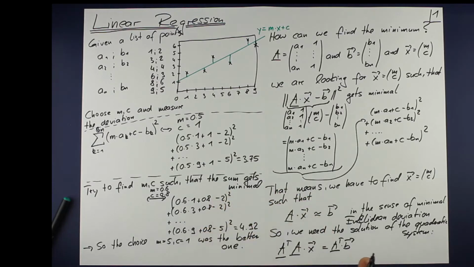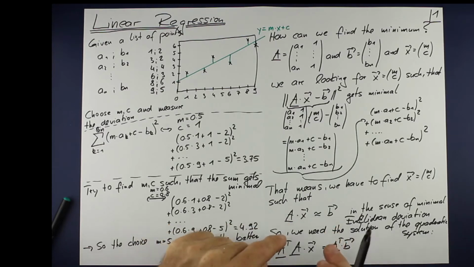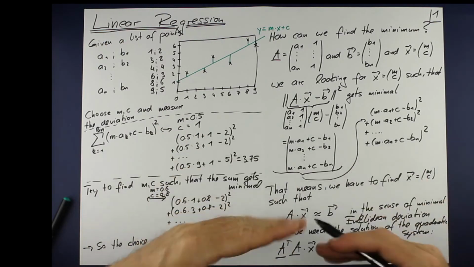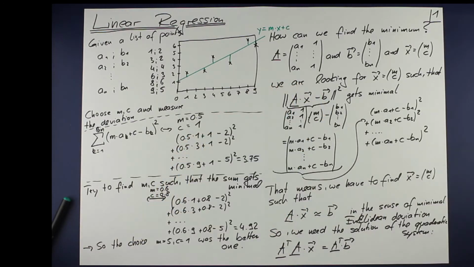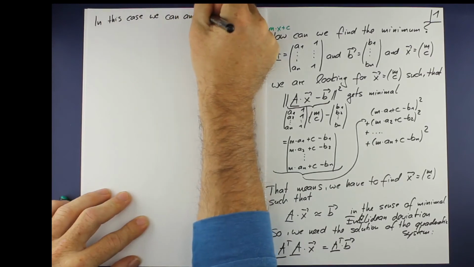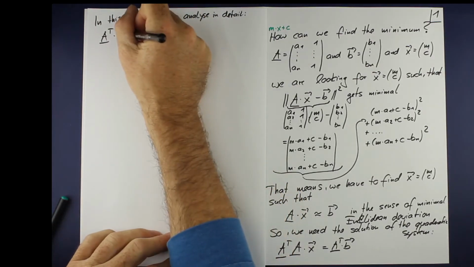But in this specific case, A transpose times A will be a 2 by 2 matrix, and here we can continue our analysis. Specifically in the context of linear regression, we can analyze a little more in depth. Okay, so let's do this analysis. What is A transpose times A?